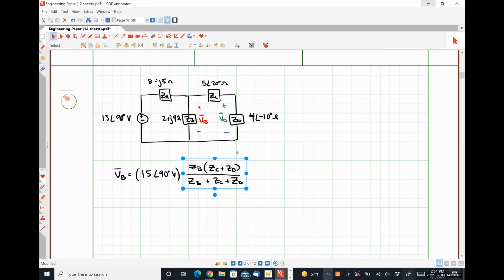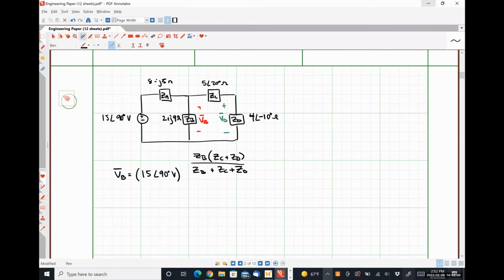That's not what I wanted to do. I want to move it. Because this part right here actually just represents the numerator of my voltage division ratio, right? On the bottom, I want to have ZA plus that quantity that's in my numerator.